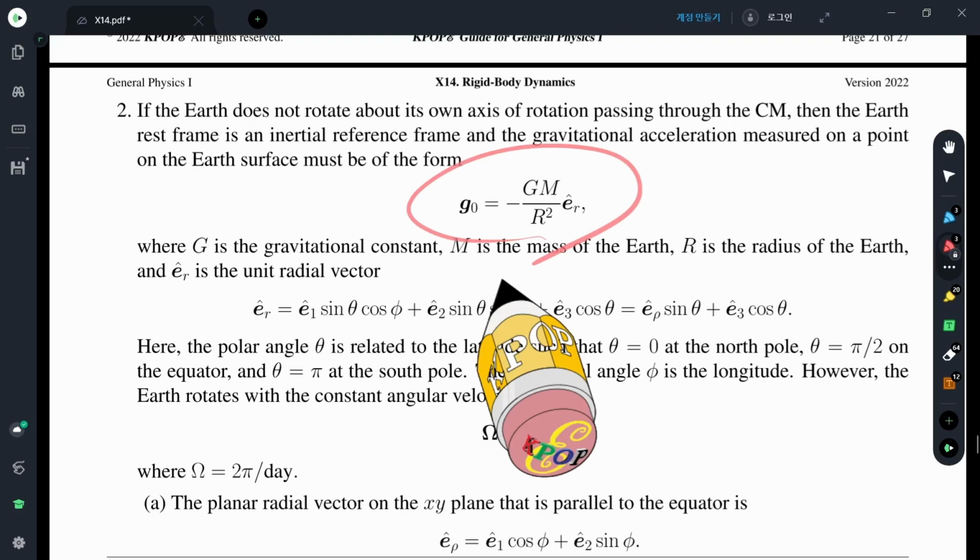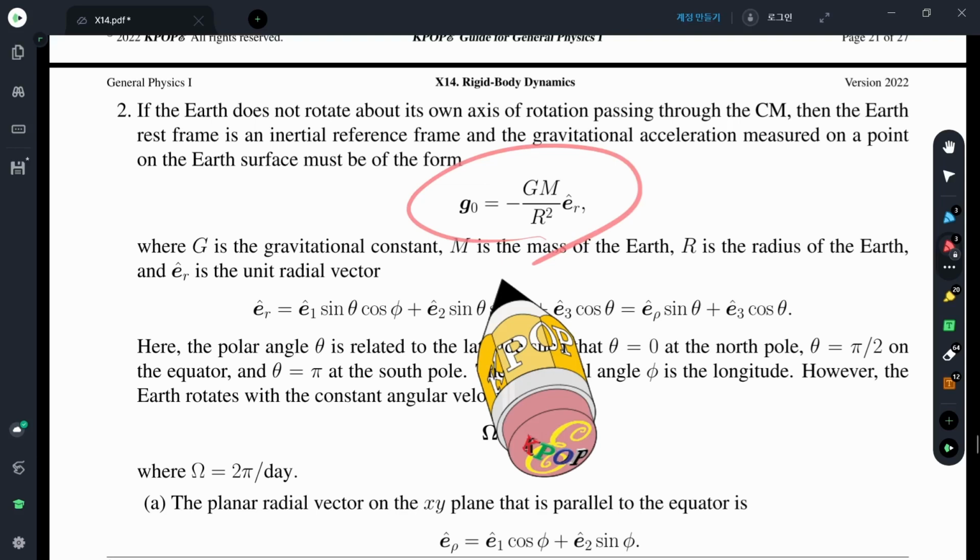In order not to be confused with the unphysical force, it is convenient to introduce an inertial reference frame from which we describe the equation of motion that exactly follows F equals ma, and then make a transformation from an inertial reference frame to an actual frame we are living in.